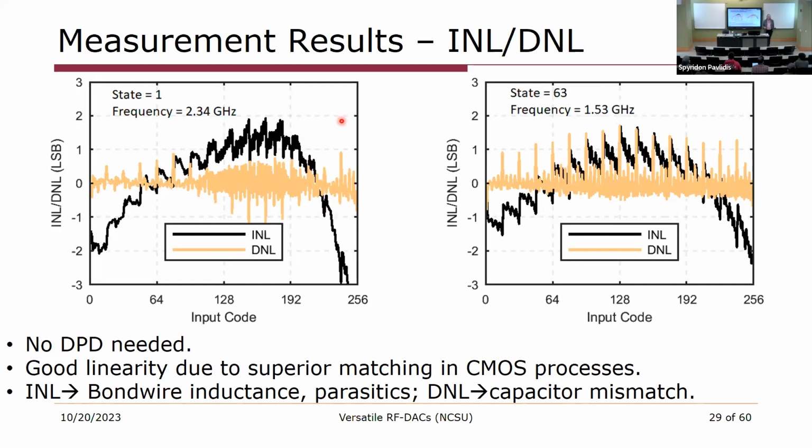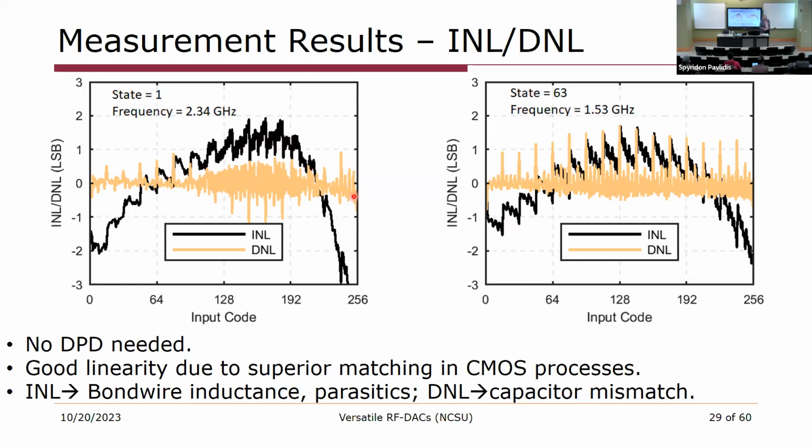When we measure our linearity, these are DACs, they're not amplifiers. So most amplifiers we look at and we characterize the AM to AM or amplitude modulated curve, and the AM to PM or amplitude modulation to phase modulation characteristic. But for our DACs, we actually measure the INL and DNL. We can more or less think of the DNL as the gain of the DAC. And one of the things that you'll notice is that these amplifiers don't saturate.